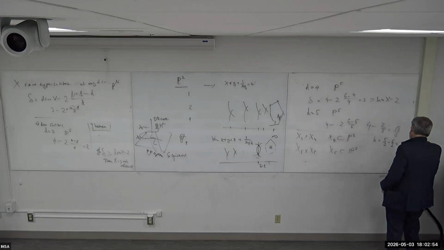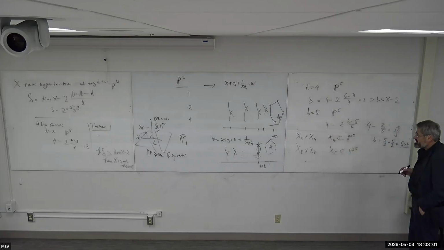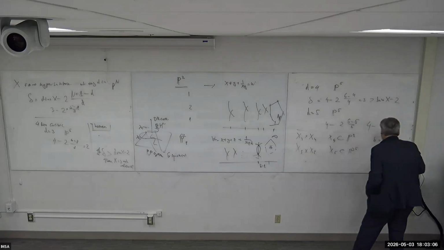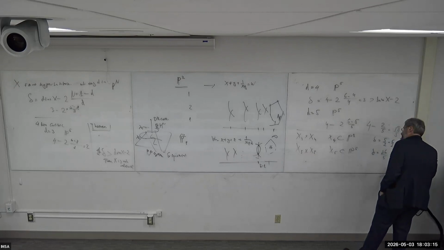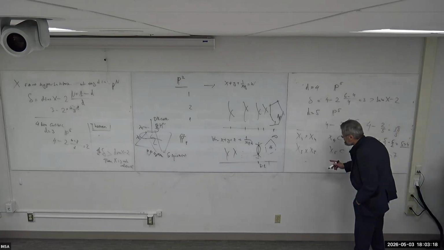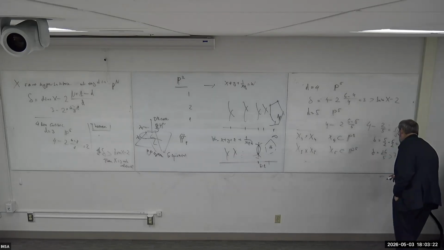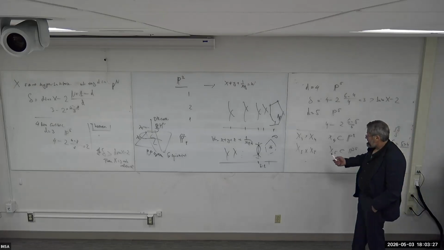And that's how you can prove that this thing is not rational. And similarly here, you have delta equal to 36/5, which is bigger than 4 plus 4 minus 2, which is 6. So that's how you can prove that this is not rational.